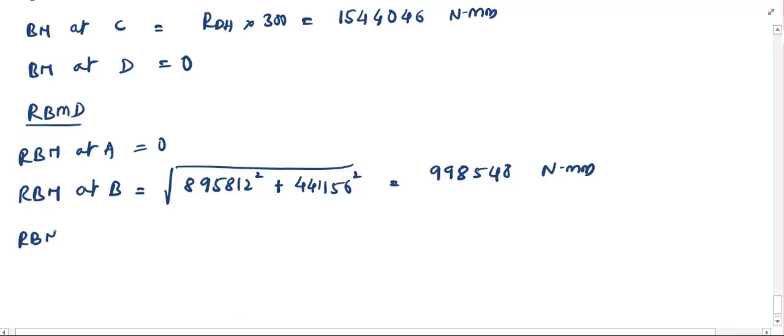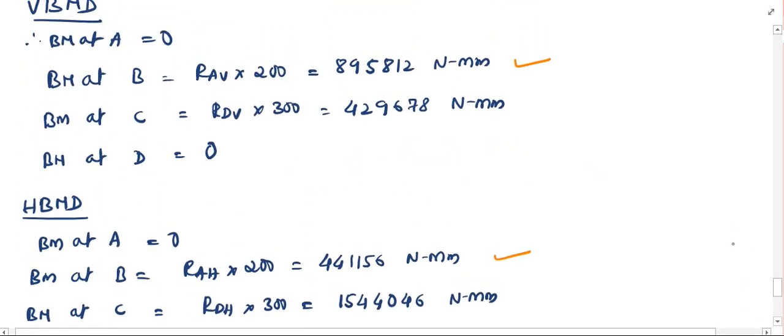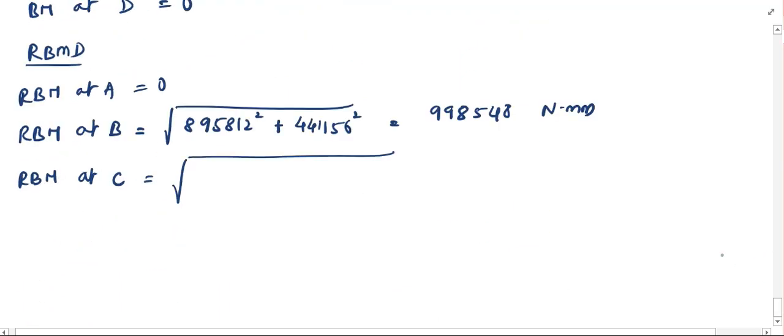Similarly, the resultant bending moment at C is equal to, those two values from VBMD and HBMD, 429.678 square plus 1544046 square.